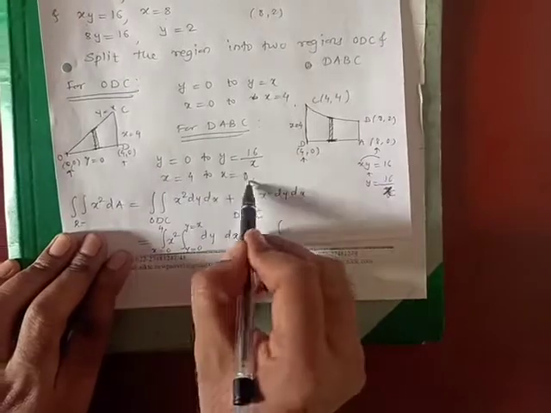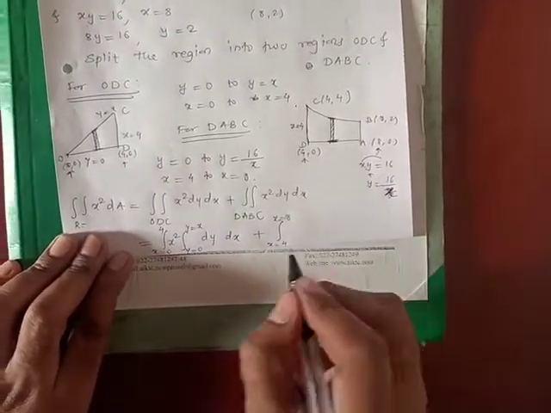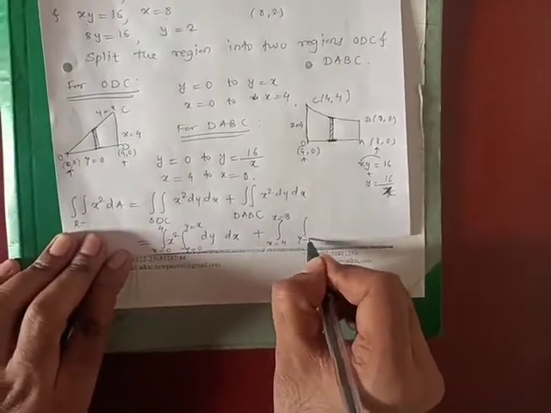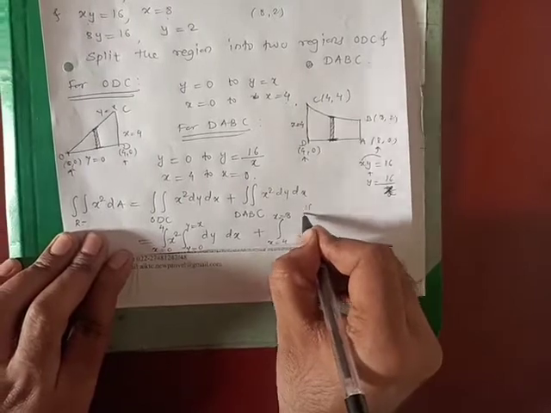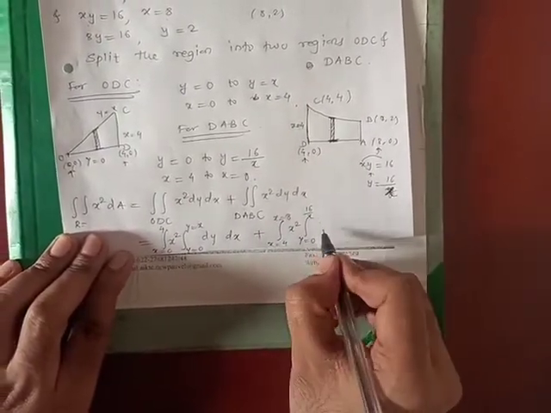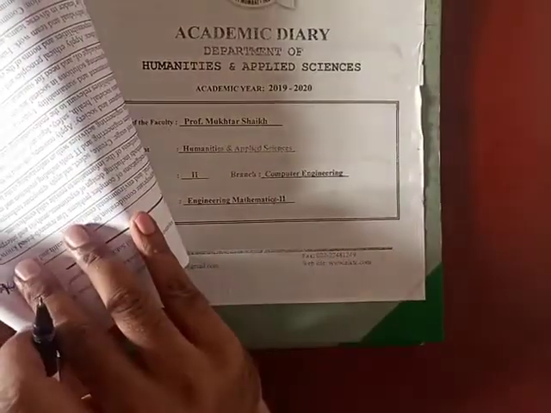Here the limits of x are constant, so x is equal to 4 to x is equal to 8. Then limits of y are y is equal to 0 to 16 upon x. Again x square is a constant, so taken outside, into dy into dx, right?